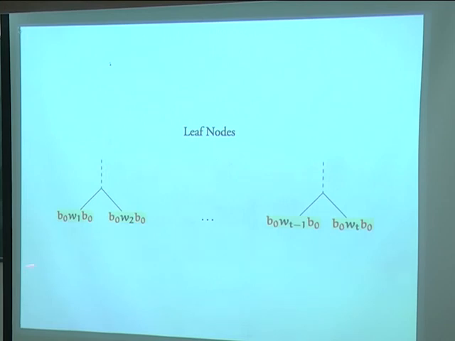Okay. So, we are going to attach some dummy variables. Eventually we are going to add, since t is 2 power k, log t, that is k, extra characters to our alphabet. So, everybody at this level gets a character b0. Okay. So, I am concatenating. So, what is the idea?